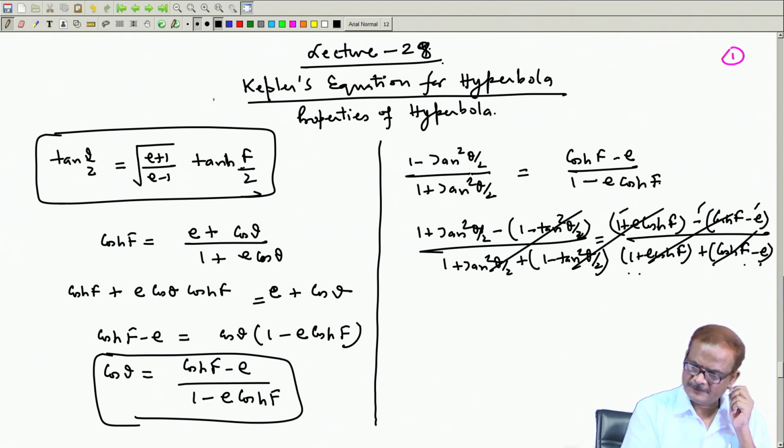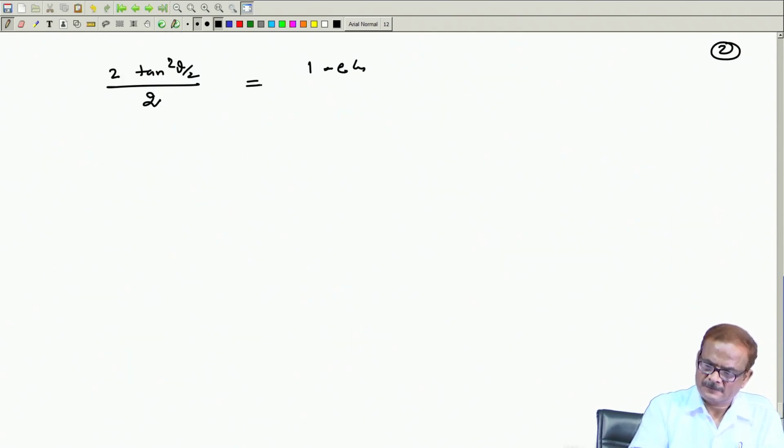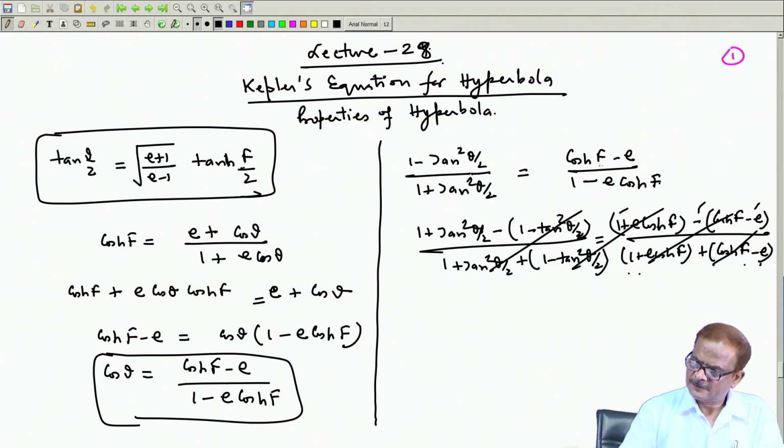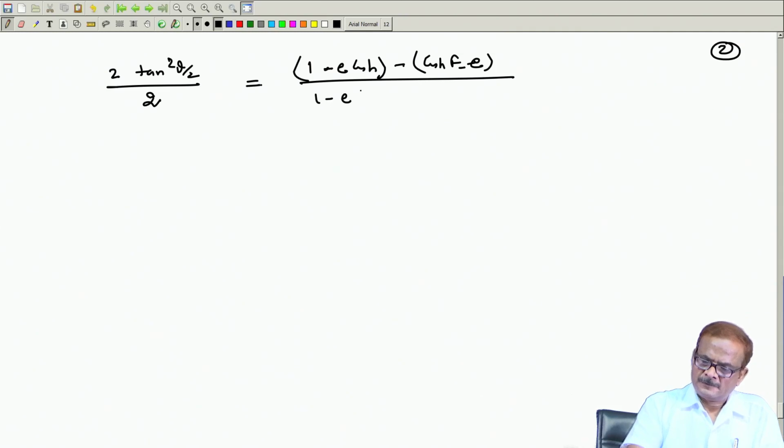So, we write it on the next page, 1 minus e cos hyperbolic f, and then minus cos hyperbolic f minus e, minus cos hyperbolic f minus e, cos hyperbolic f plus cos hyperbolic f minus e.